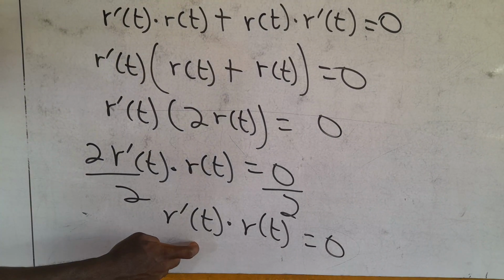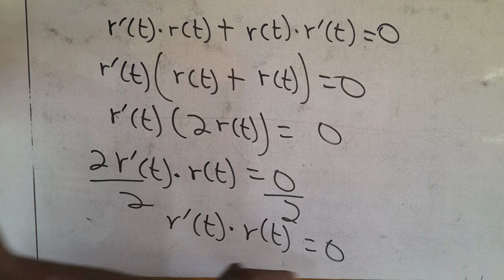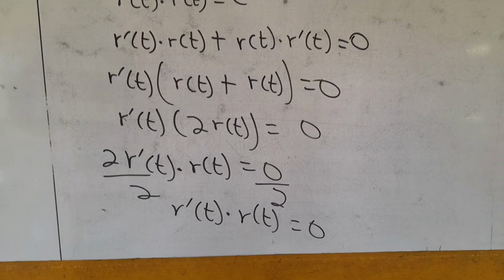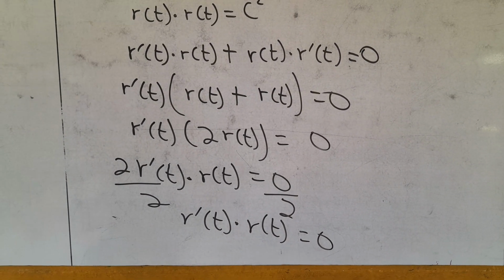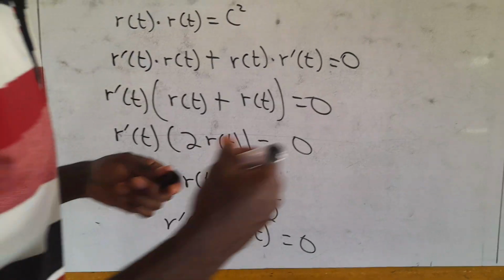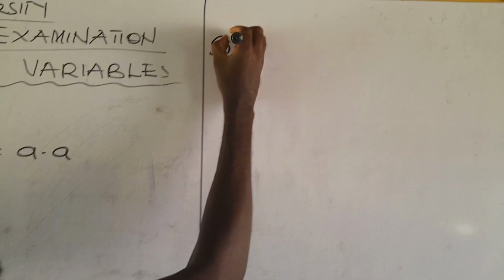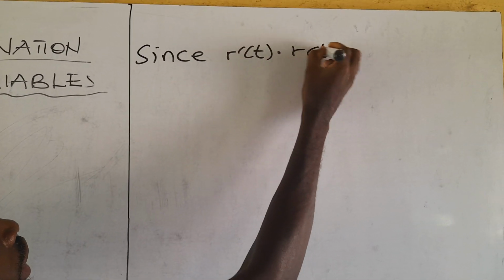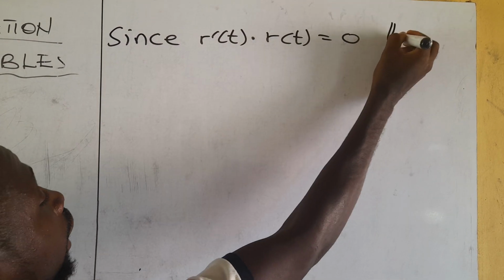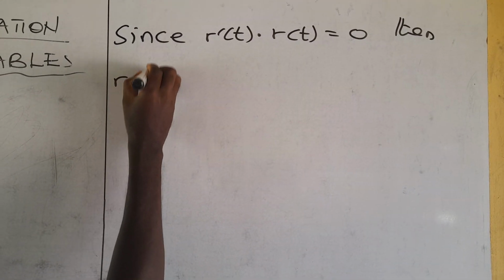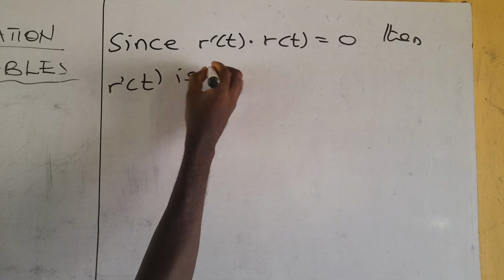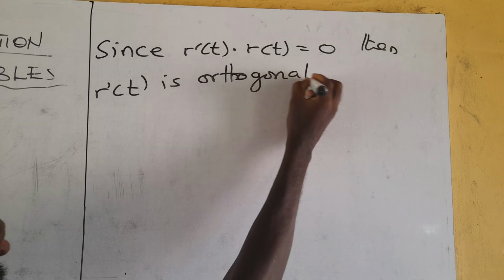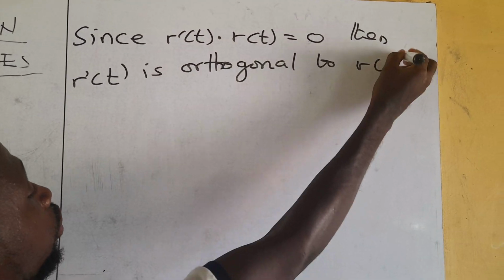Since the derivative of the vector valued function and the function itself have a dot product equal to 0, it implies that the two vector valued functions are orthogonal. So we can conclude that R prime of t is orthogonal to R of t. I hope you get that.